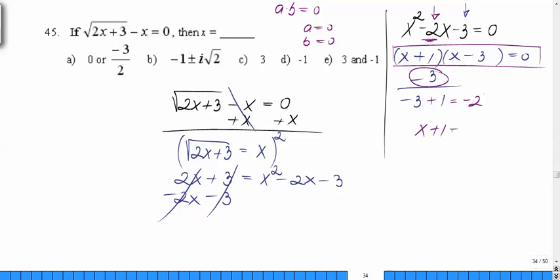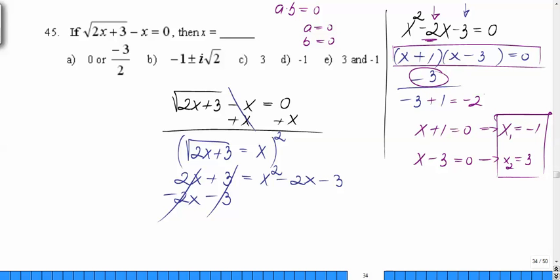X plus 1 equals 0 and x minus 3 equals 0, which if you solve will give you the two roots. X1 here, if you take away 1 from both sides, will be negative 1, and the other one, x2, second root, right, will be 3. And this is the solution for the given equation.